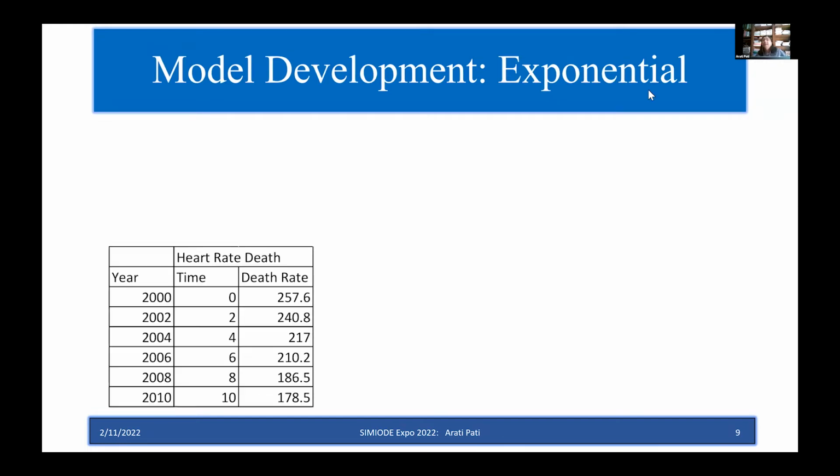Hence, my goal is to find an equation which is algebraic, and because it is decreasing, we want to write down some exponential model. Before we do, the mathematical model development tells us that we need to define our variables. So let's first choose T for time and H(T) for heart death rate.